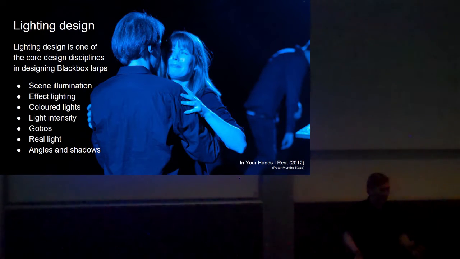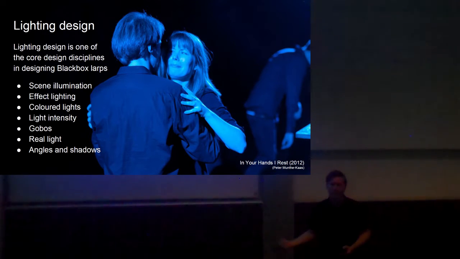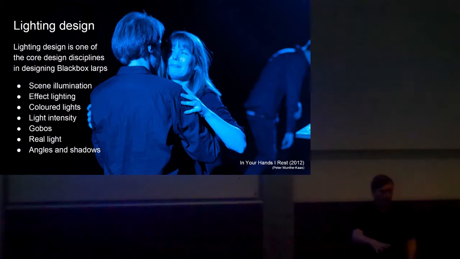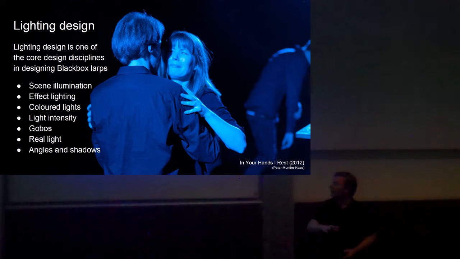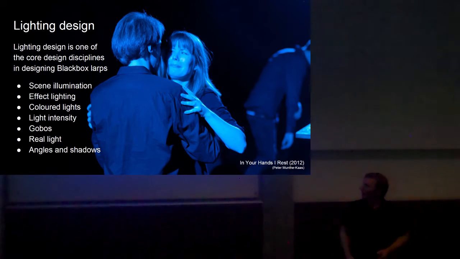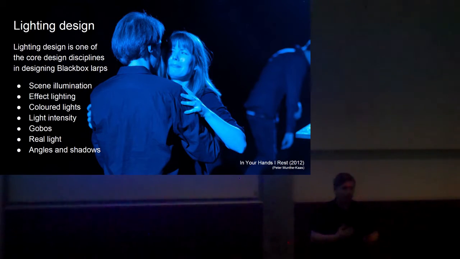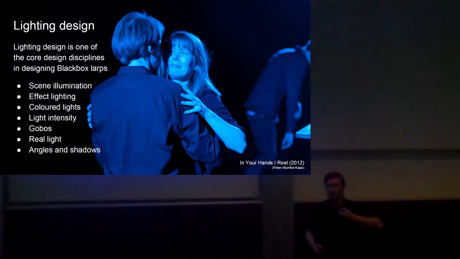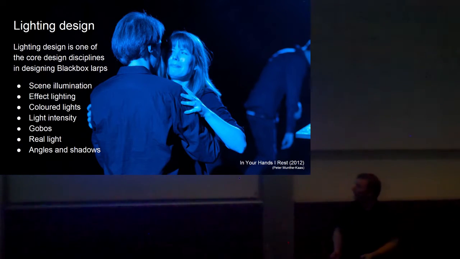But you can do that in many different ways. You can make some kind of effect lighting, that when something specific happens, we will turn on a certain light. We can use colored lights to convey different feelings or convey a certain play style, that all of a sudden you should all be sad or something like that.